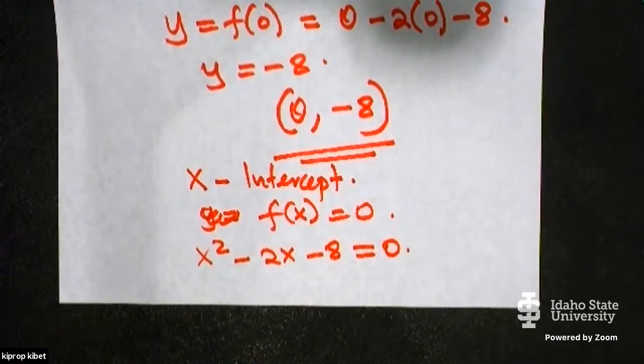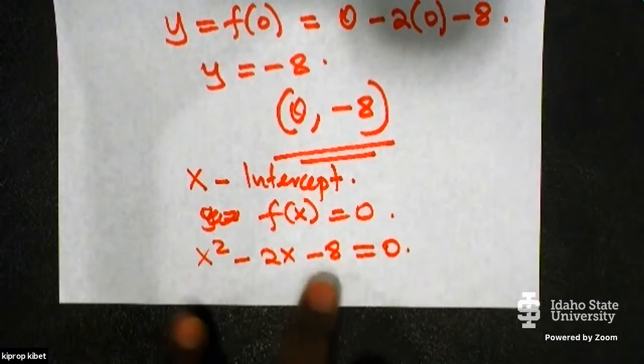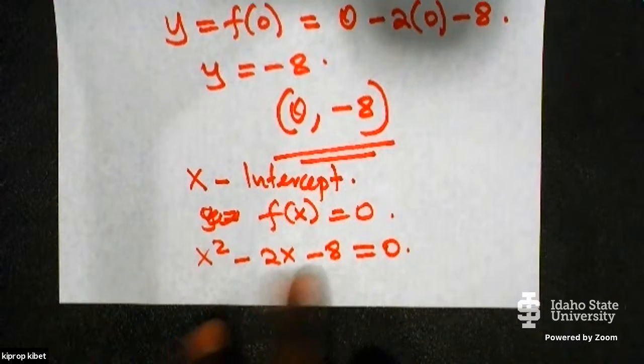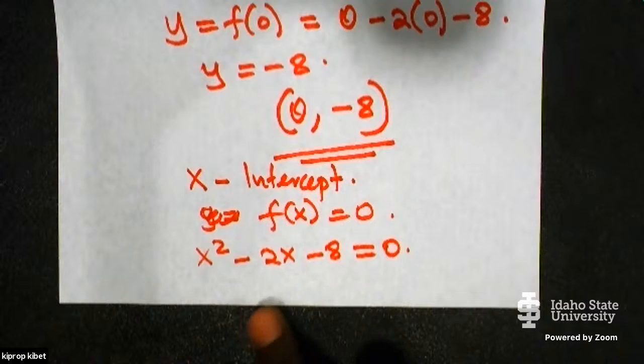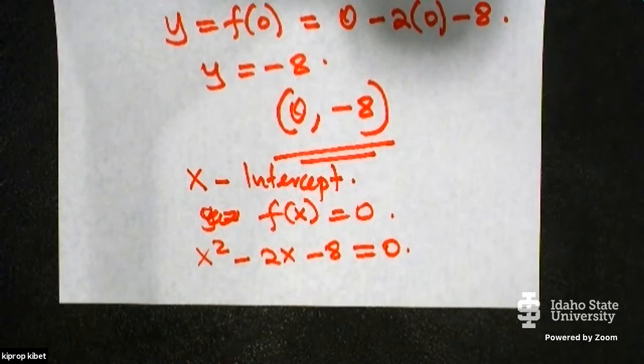Now, looking at this quadratic equation here, it is easy to simplify, right? The product is minus 8 and the sum is minus 2. So what are the two numbers? It's 4 and 2, right?